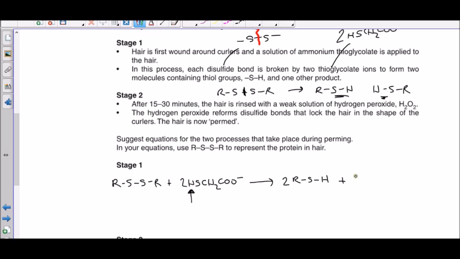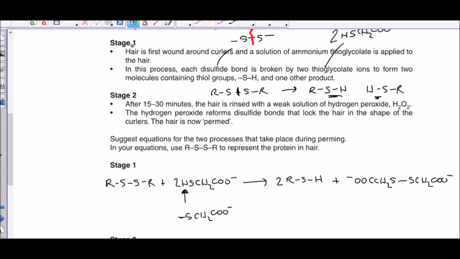What's left there will be SCH2COO minus, and this needs to form a bond to something else, so the most likely thing is that it's going to join up with the other molecule. We can see we've got a disulfide bond in the middle of this now instead.